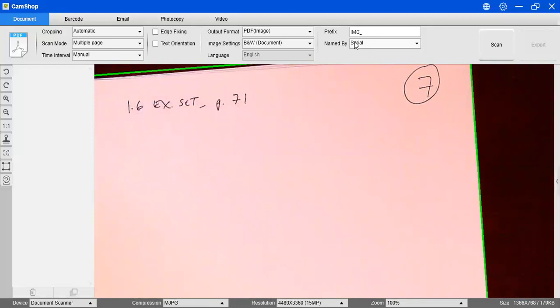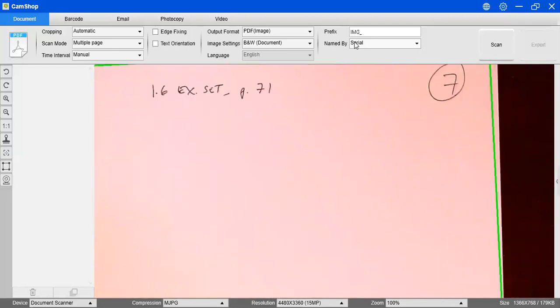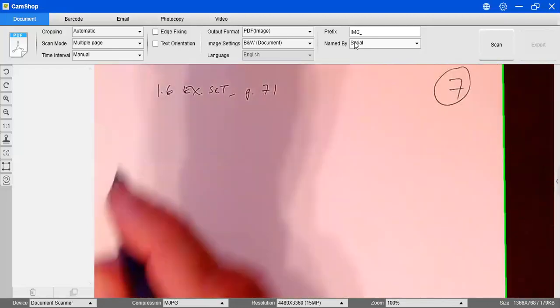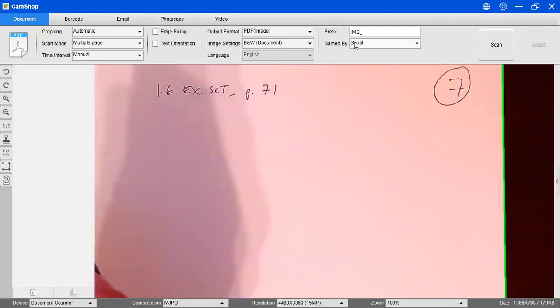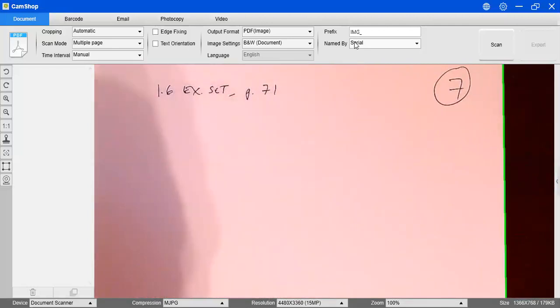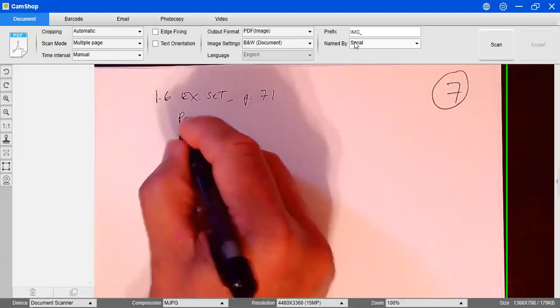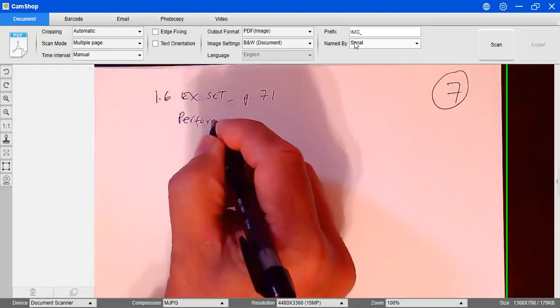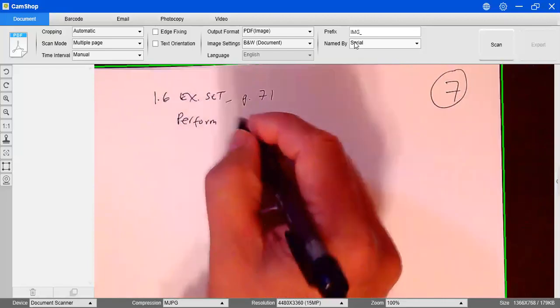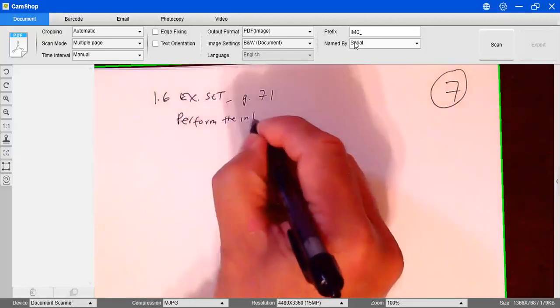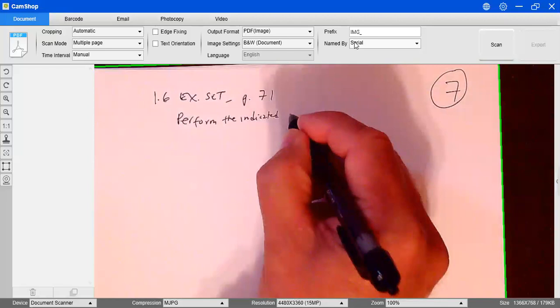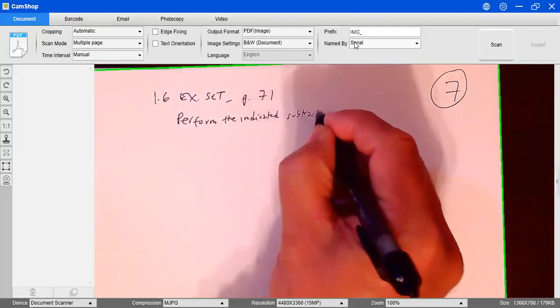We have the following exercises. So these are 22. So you're just gonna perform the indicated subtraction.